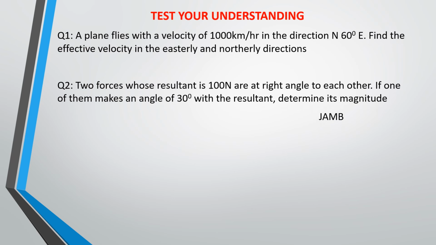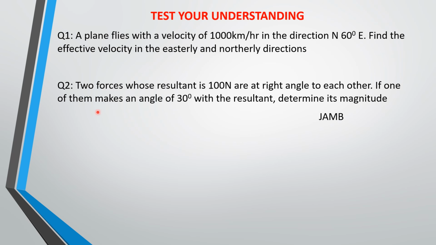So this is your own test page. Please try your hands on these problems on resolution of forces. A plane flies with a velocity of 1000 km per hour in direction of 60 degrees east. Find the effective velocity in the easterly and northerly directions.